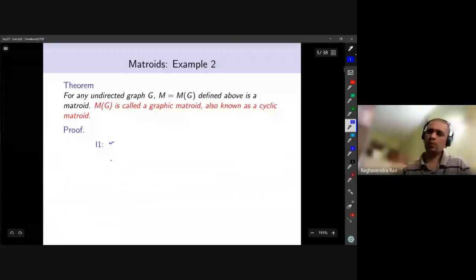How about I2? If A has no cycle, then any B in A also does not have any cycle.